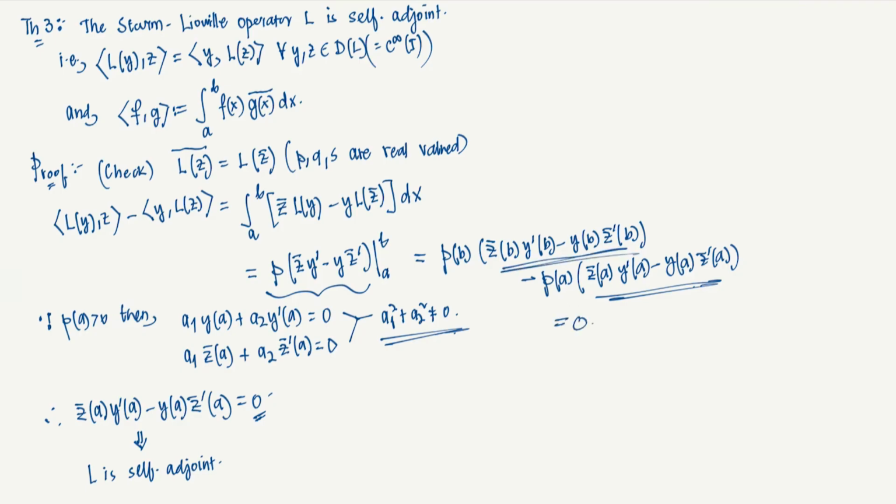So again, that gives me that this whole thing is 0, and L is a self-adjoint operator. I hope this is very clear now.